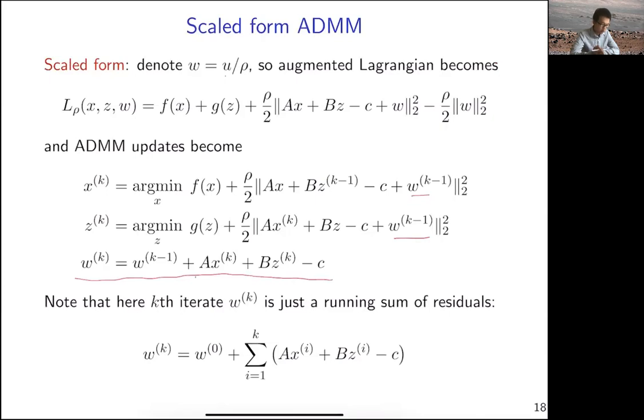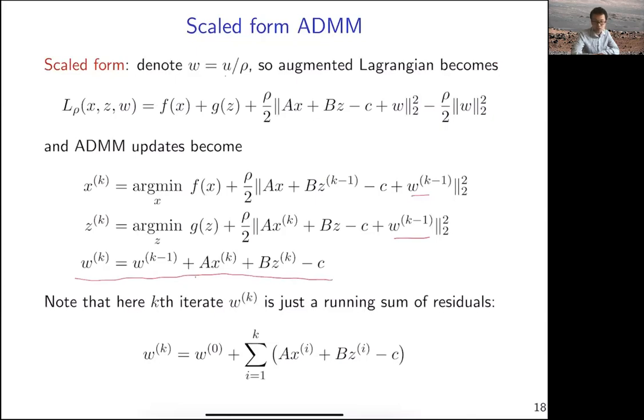Sometimes when people talk about ADMM and write down the pseudocode block for ADMM, this is often the algorithm that they are referring to, rather than the original version where the dual variables are represented in their original scale.